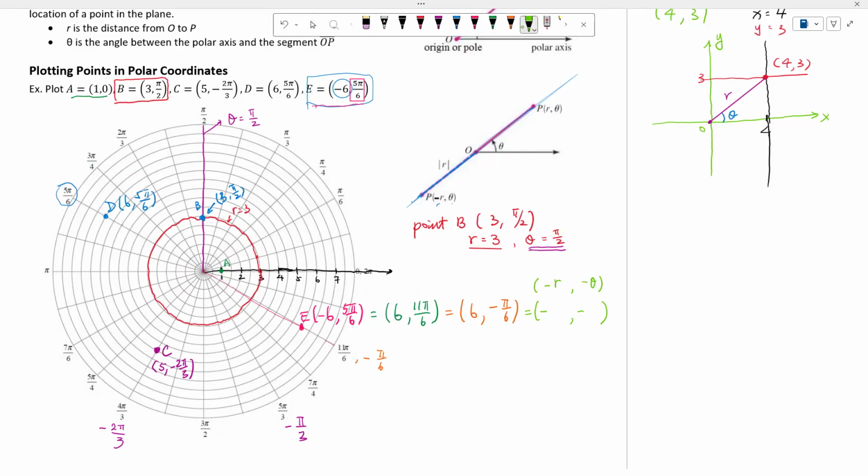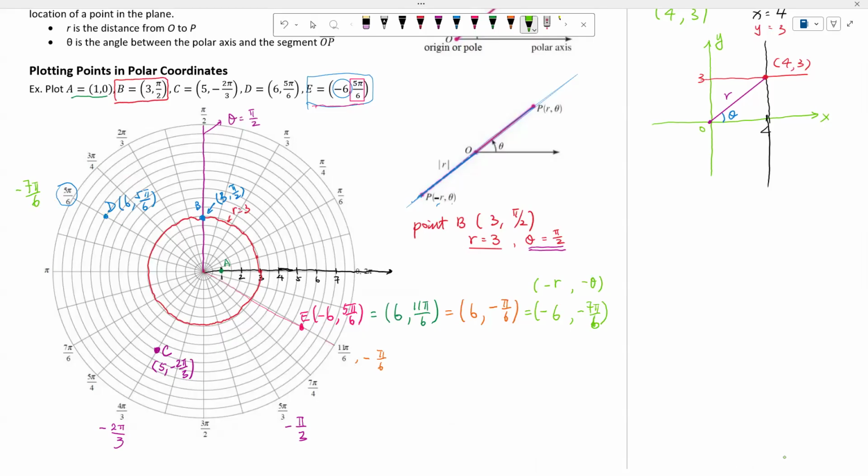First of all, what I need to do is calculate the opposite of this angle right here, which is 5 pi over 6, but we need to have a negative angle. So in this case, I know that this angle is negative 7 pi over 6, okay? So therefore, this angle right here will be negative 7 pi over 6, and of course, this one will be negative 6.